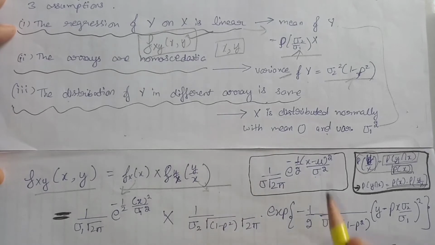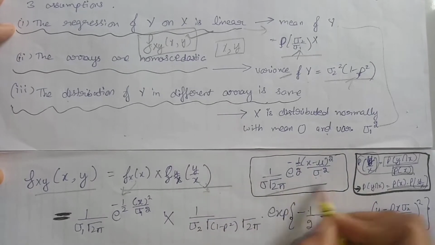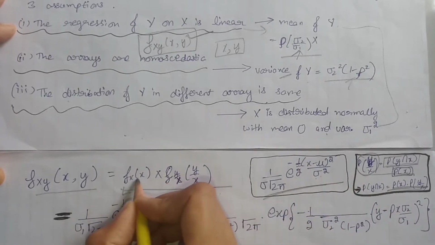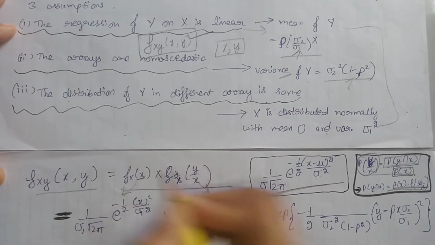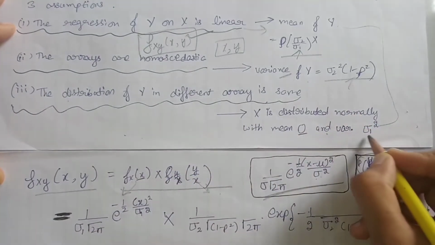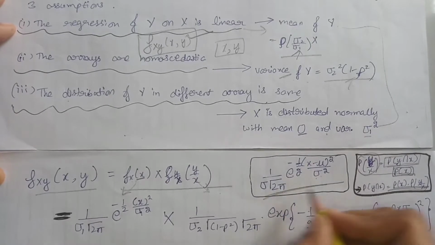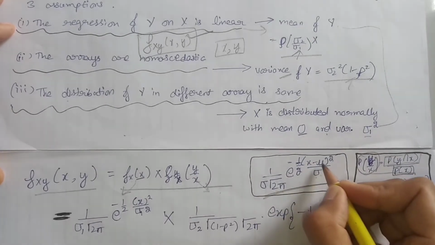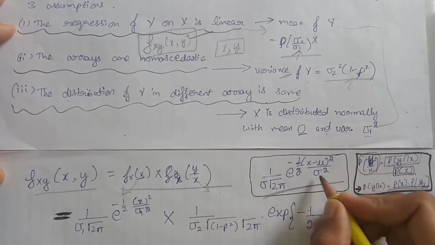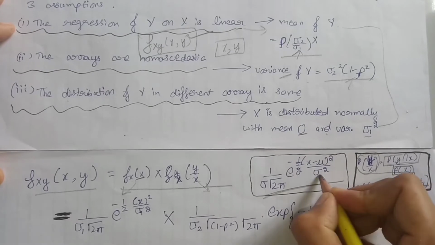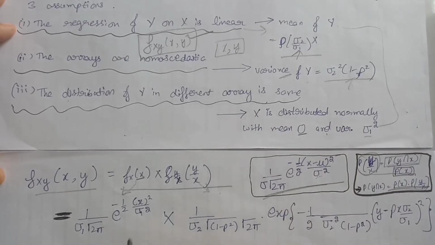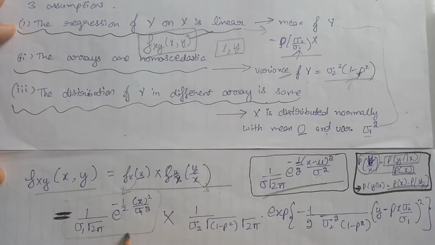We know that the PDF of a normal distribution is this, and our x belongs to a normal distribution with mean 0 and variance sigma 1 square. That is, in this PDF, at the place of mu if we write 0 and at the place of sigma we write sigma 1, then we will get the PDF of our x random variable, that is this one.